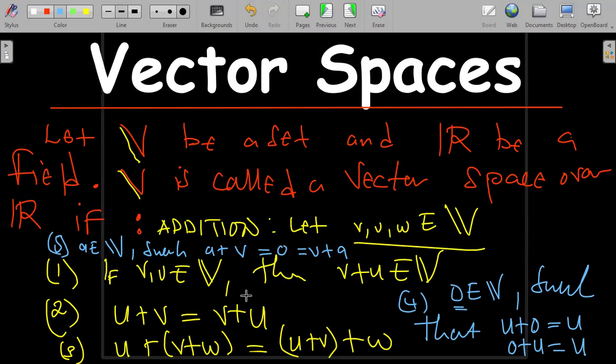So those are the first 5 conditions for something to be defined as a vector space.